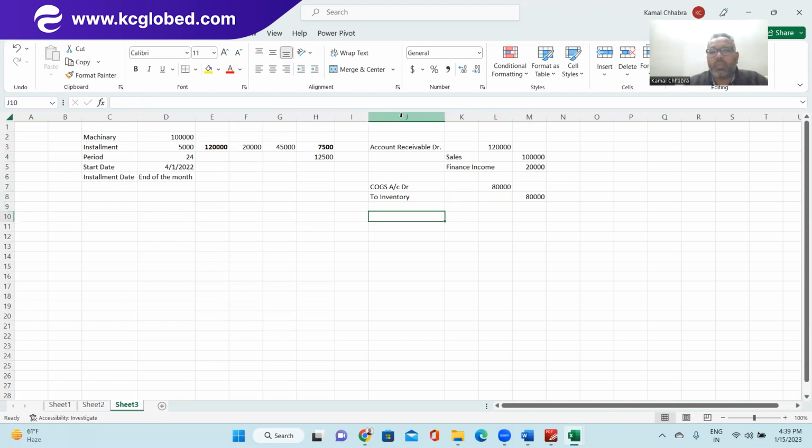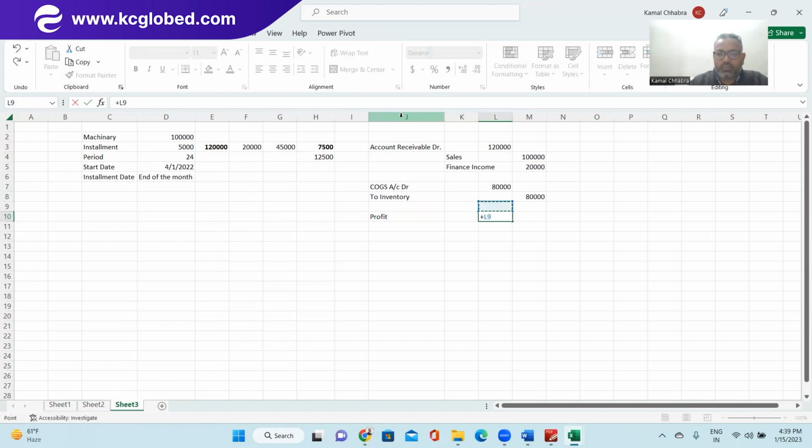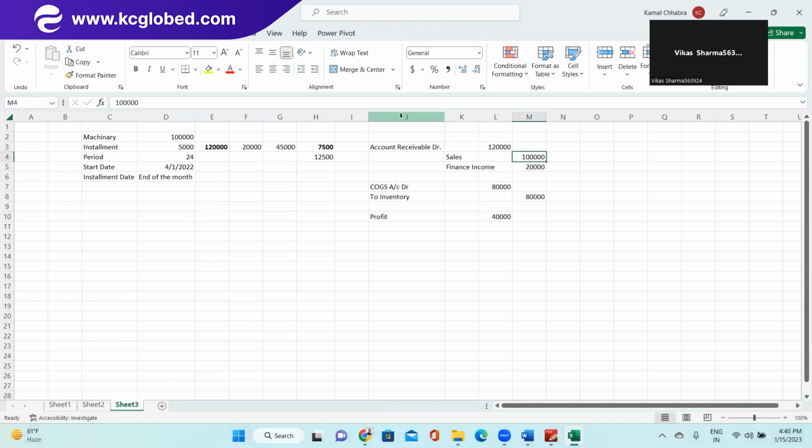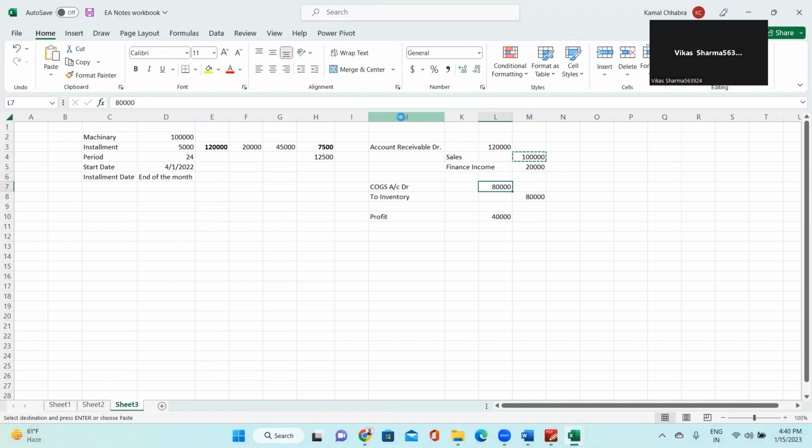So what will be the outcome of this journal entry? You'll have a profit. How much? Sales minus COGS. That is your profit. Yes, no? Do you agree, or do you have some doubt?